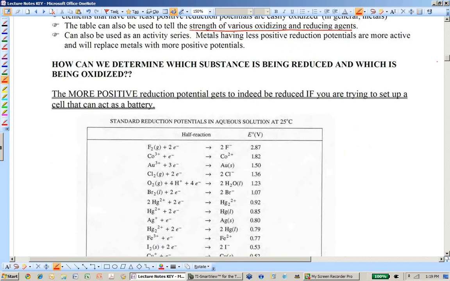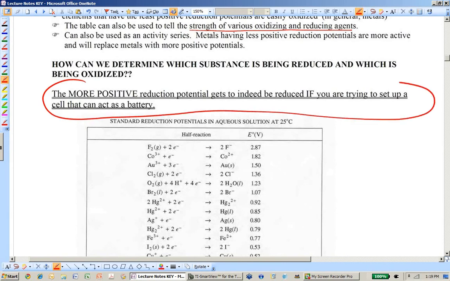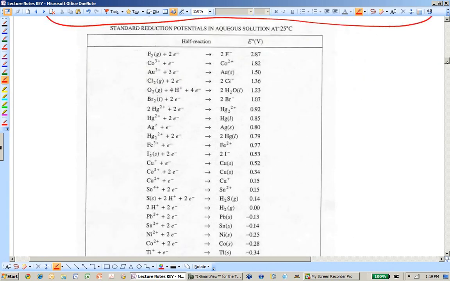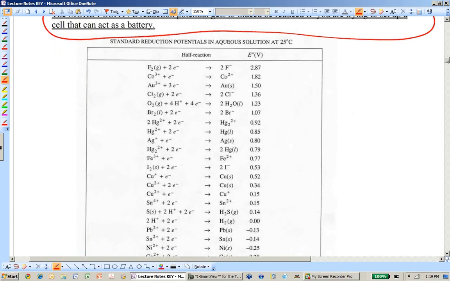Now, how can we determine which substance is being reduced and which is being oxidized? Again, I say the more positive reduction potential gets to be reduced if you are trying to set up a cell that can act as a battery. So we will refer to this table over and over again.